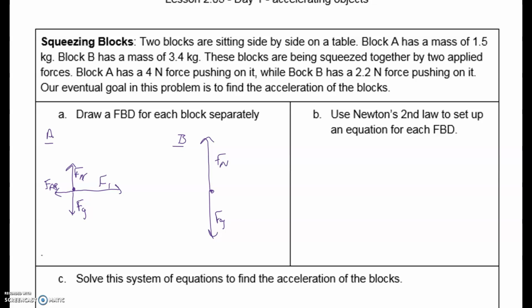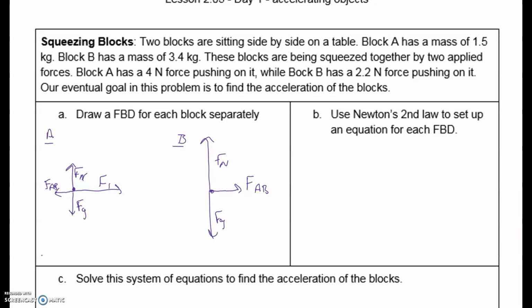Now let's worry about our horizontal forces. We have the force 2 acting on it, the 2.2 Newton force, as well as the force of block A acting on block B, because they're in contact. So here we can draw the reaction pair force for the contact force.